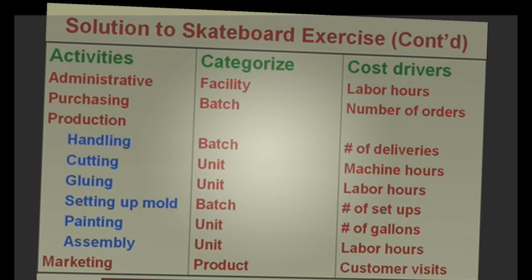It really depends on the company. It depends on the way they do business. So for each company, it could be different. In the exam or in the homework assignment, justify why you said what you said, and you get full credit.